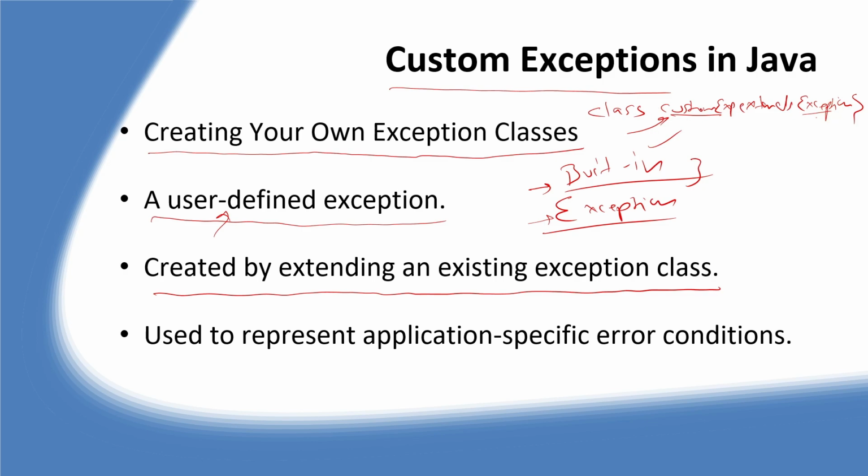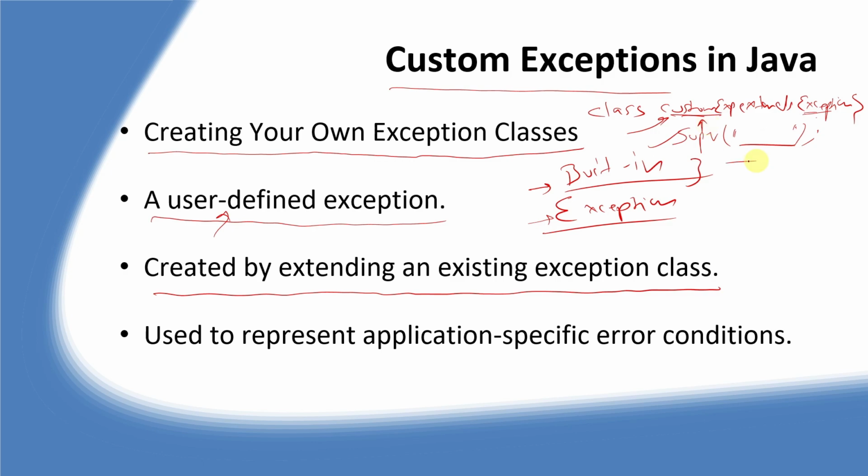We can provide any custom exception name based on our business logic. It can be like ValidInputException, like that. And inside this class, we will be calling the parent class constructor. So inside the child class constructor, we will call the parent class constructor, and to this constructor we will pass the error message, the exception message we want to throw if this particular exception occurs.